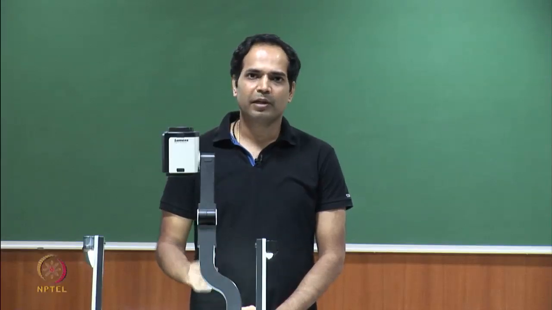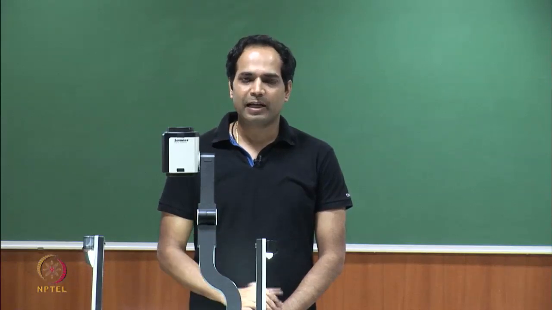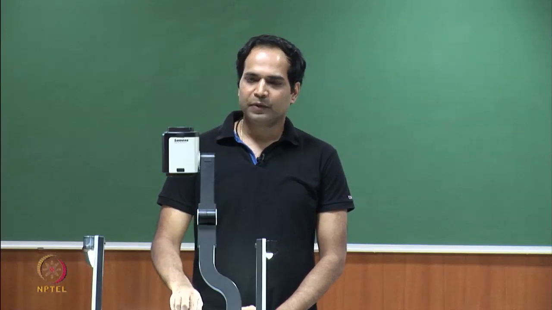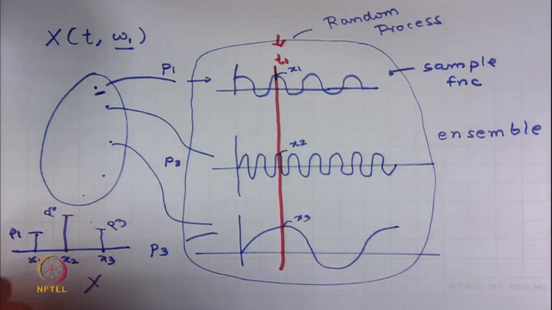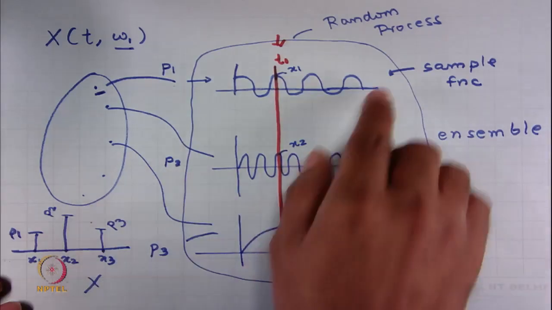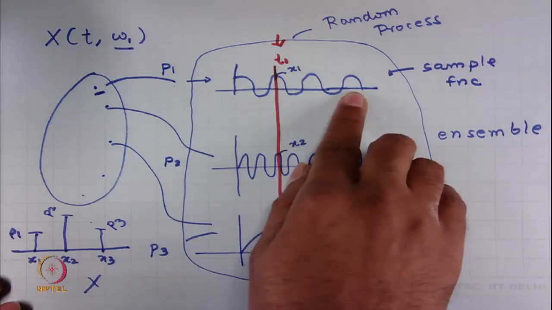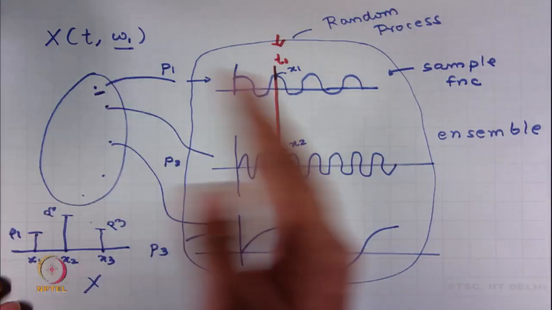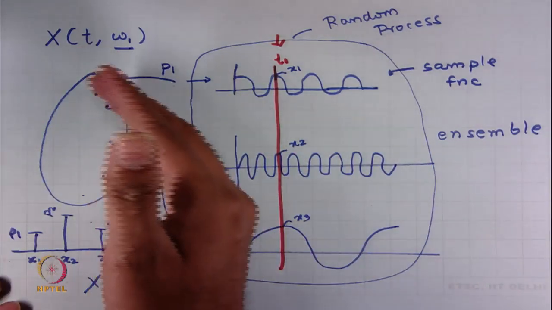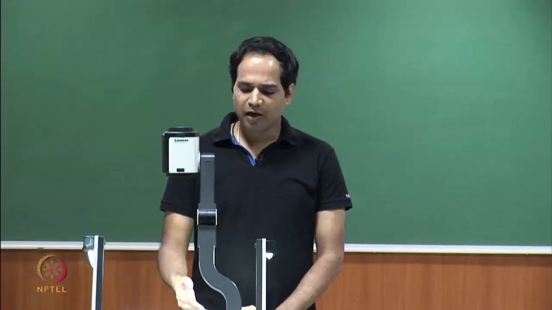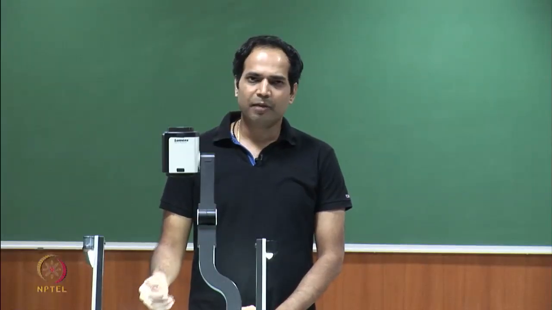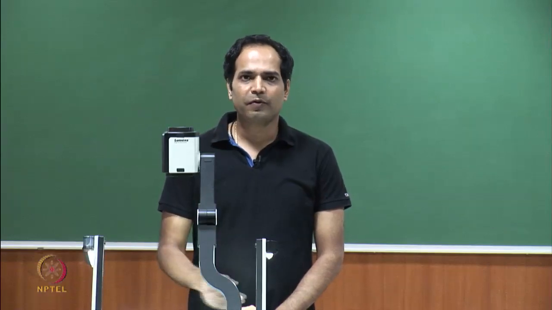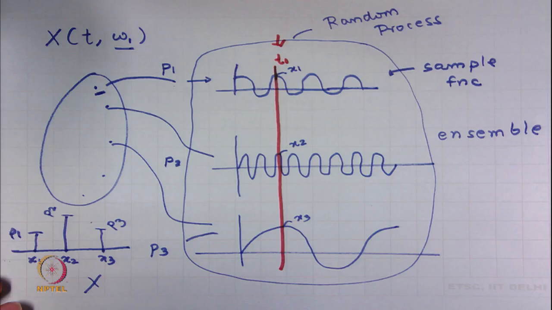But a posteriori, that means after the experiment has happened, because you know which outcome has occurred, the outcome of this random process is completely deterministic. As we have seen, this sinusoidal waveform is completely deterministic; there is no randomness here. So, a posteriori you know which outcome has happened, and there is no randomness after that, but a priori there is randomness involved, because we do not know which one of these outcomes would happen.